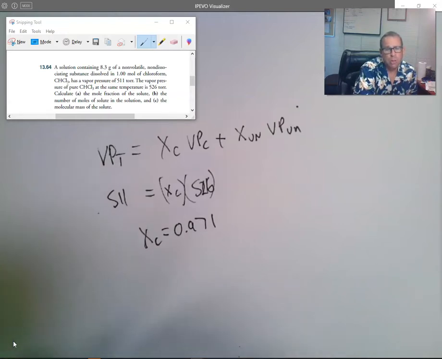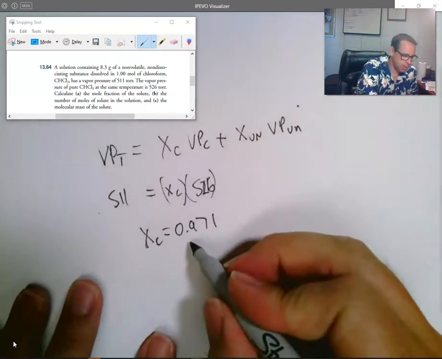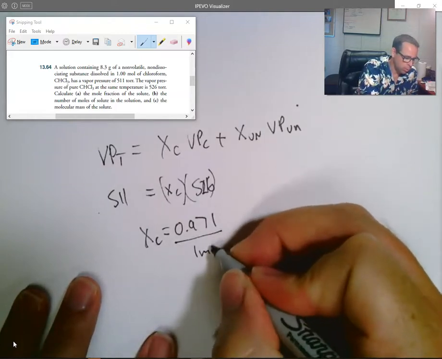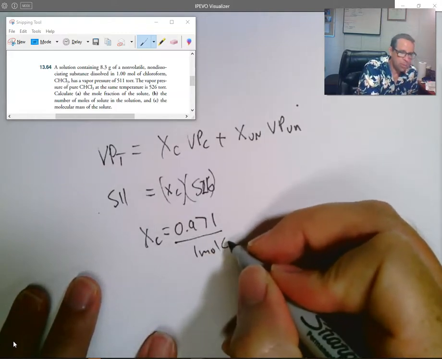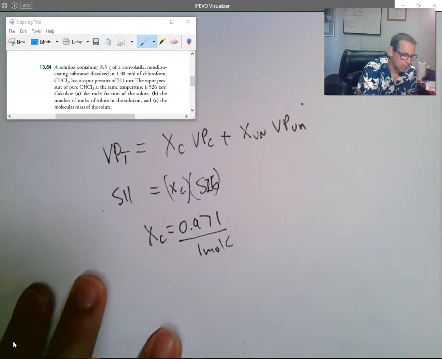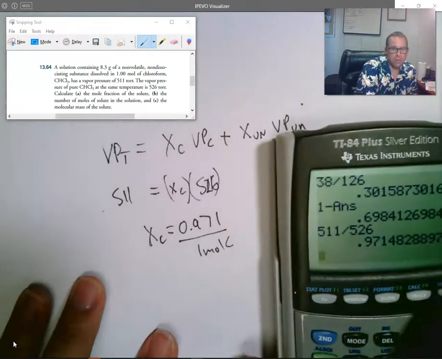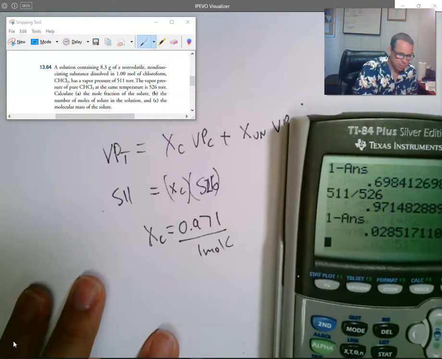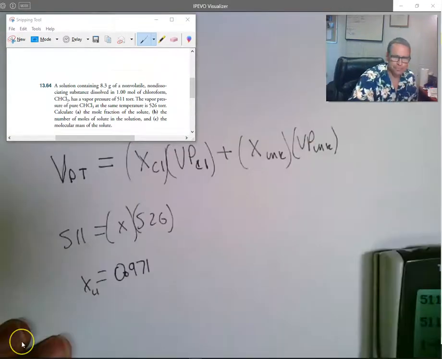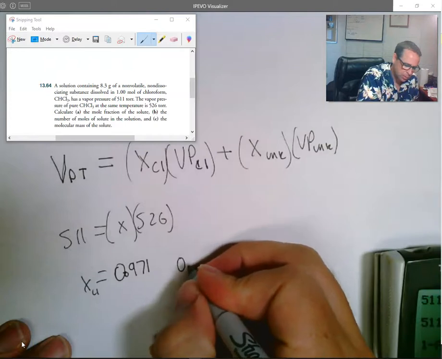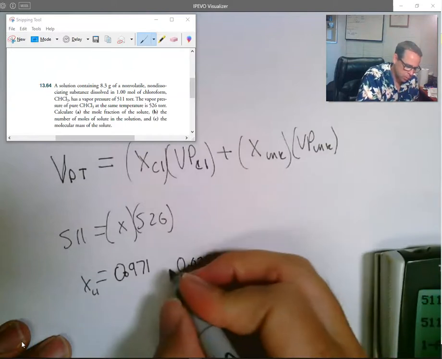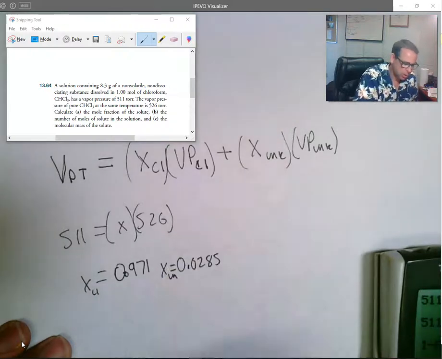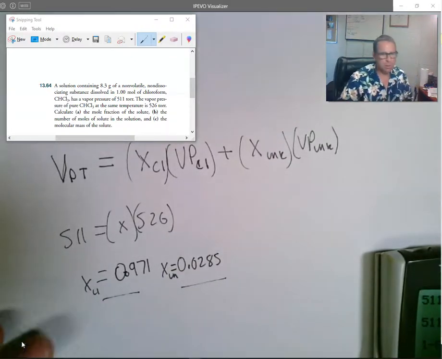So if this 0.971 relates to 1 mole of the chloroform, then the mole fraction of my other material, which is 1 minus this value, is 0.0285. That's the mole fraction of our unknown. All right, so we have our 2 mole fractions there.